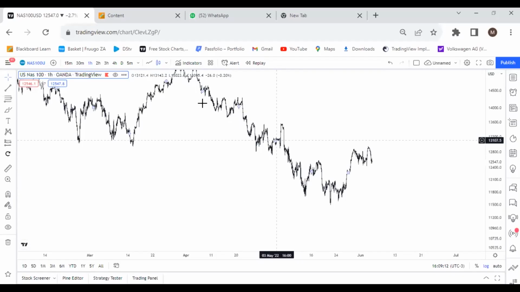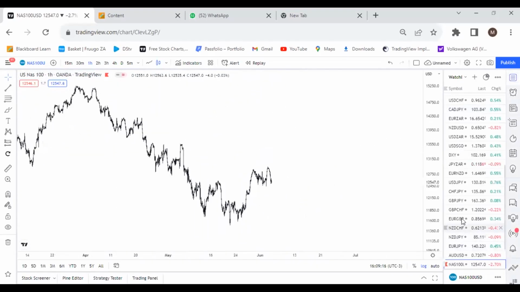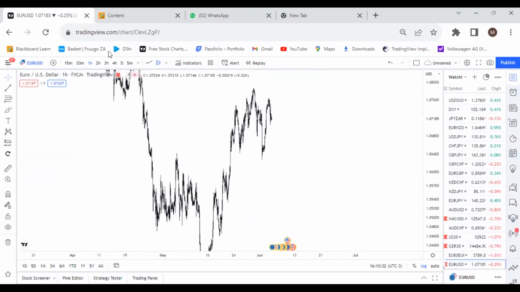Okay, so I'm quickly gonna jump back to TradingView. We're looking at euro against the US dollar, right? Yes.